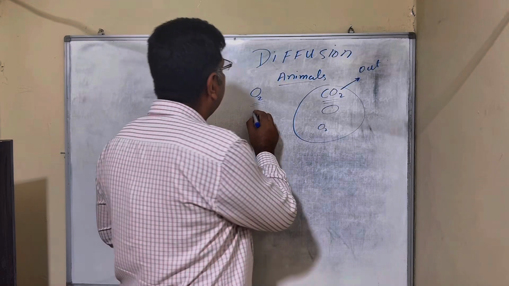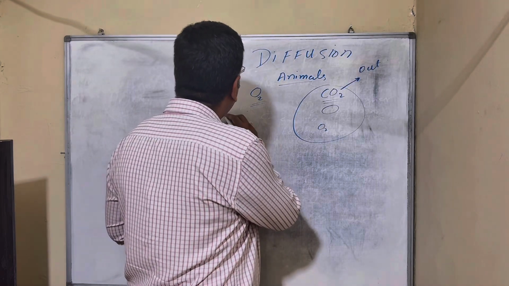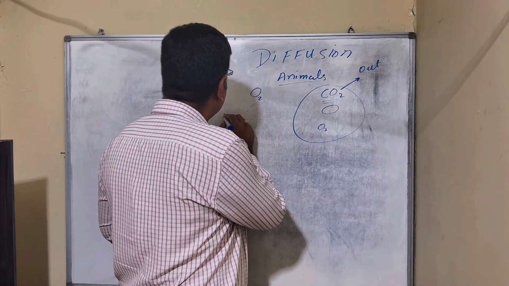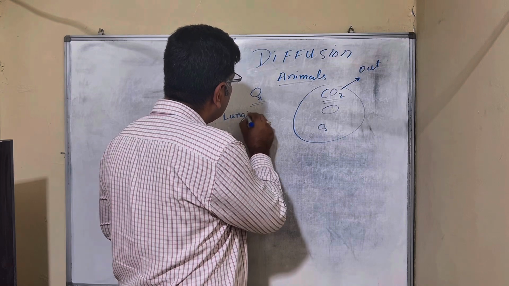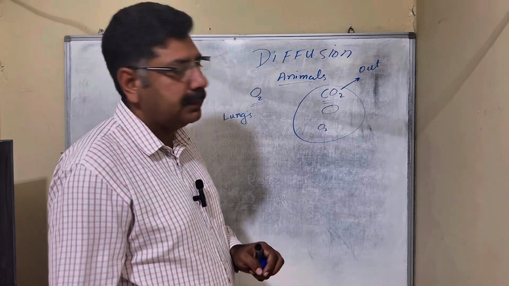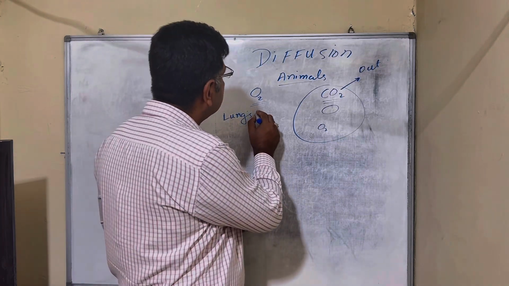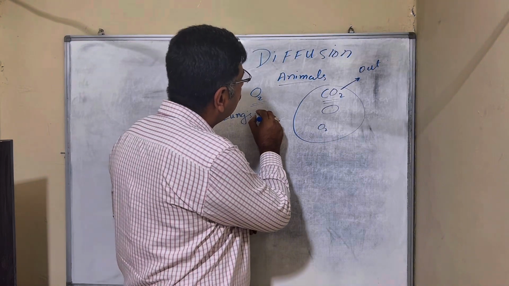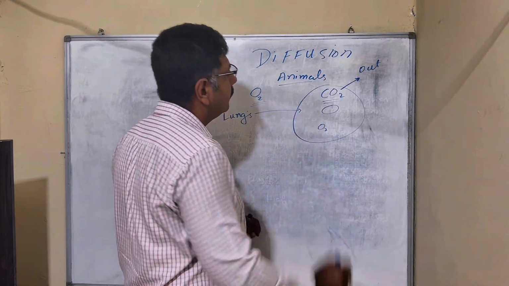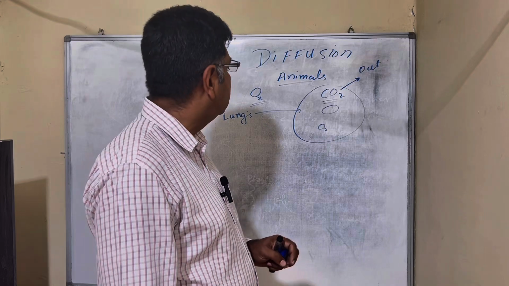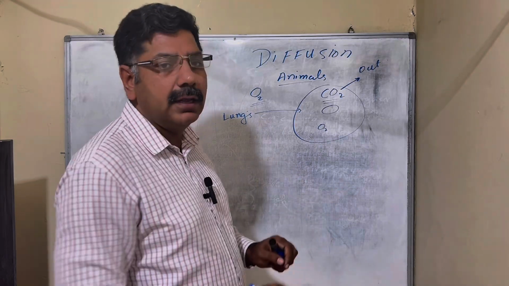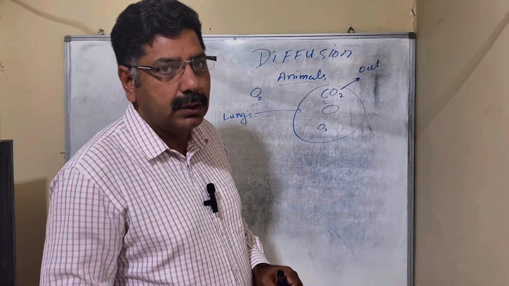And this oxygen will be taken in by lungs or respiratory system, and the lungs will transport or diffuse this oxygen into the body cell. So the diffusion here is playing a vital role.